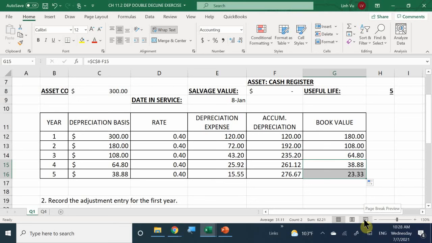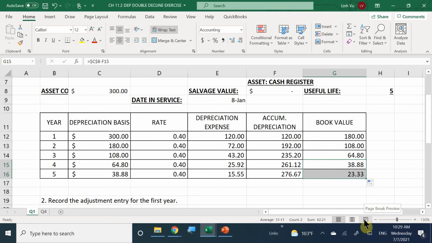So if you kept reading the end of chapter 11, it talks about what happens when you dispose fixed assets. There are many ways that you could dispose fixed assets. You can just take a loss on the asset, so you could call it loss on disposal of asset.